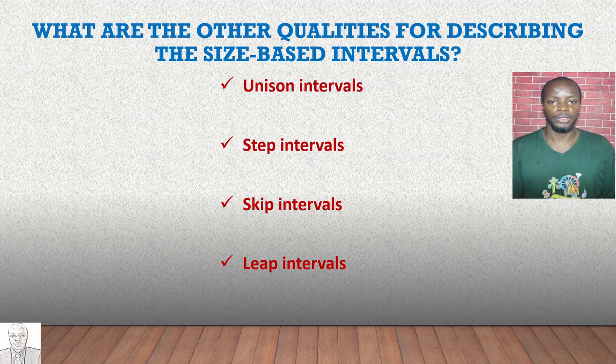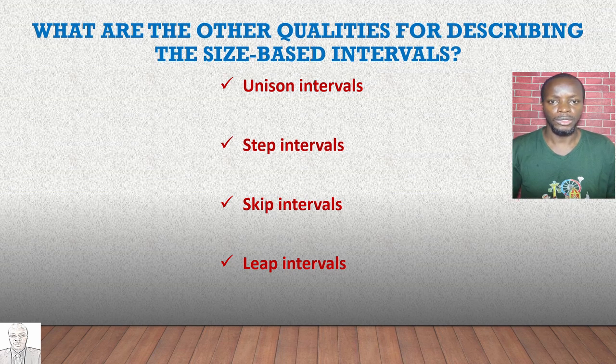Now, this is what I mean. In the case of unison interval, that is not far-fetched. We've been talking about unison interval all this while, based on the fact that when you have two notes with the same pitch level, then that's unison. For instance, when you have a performance made up of several musical instruments and you see two instruments playing a particular note at the same pitch, then that's unison.